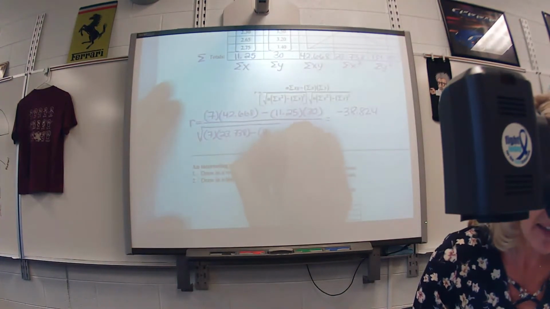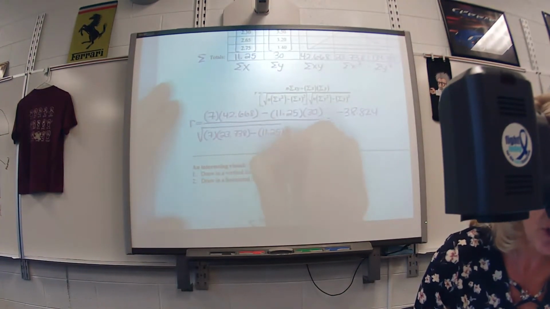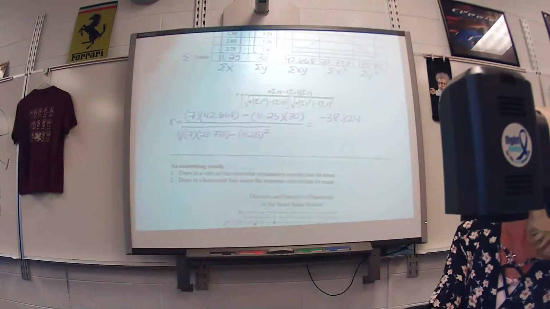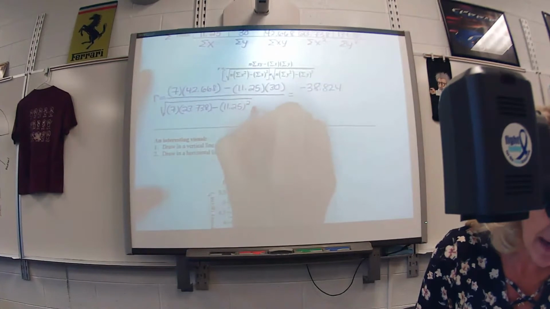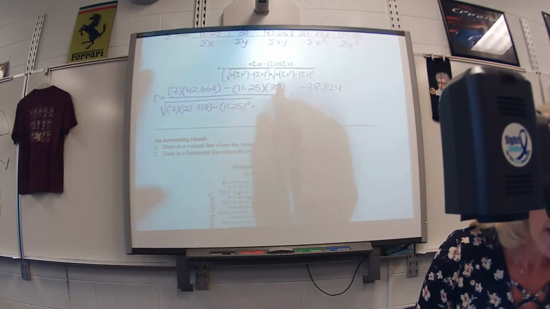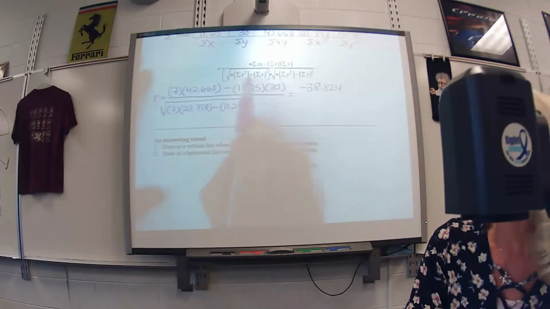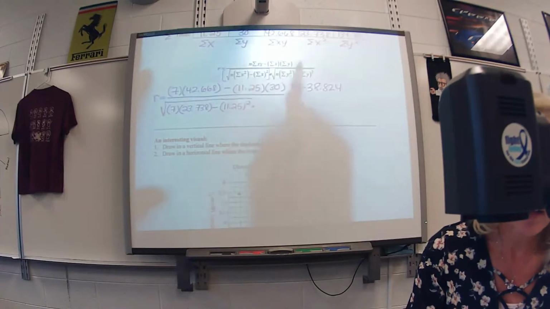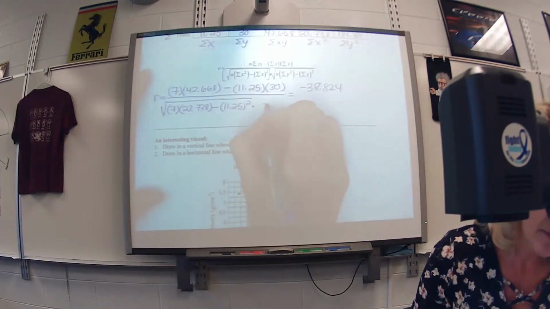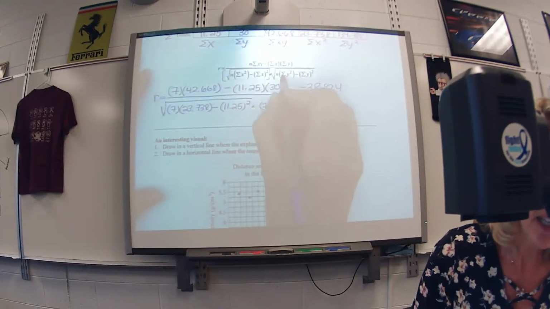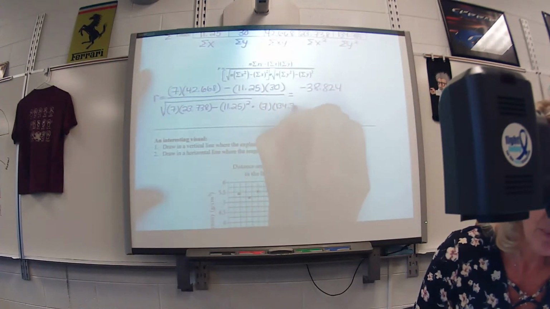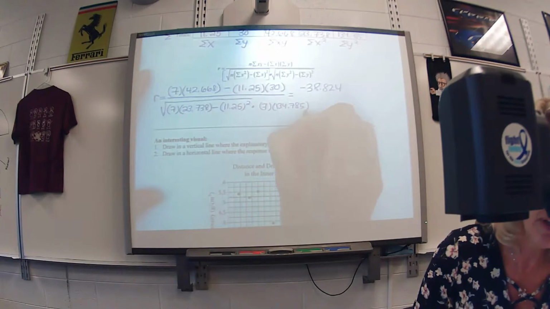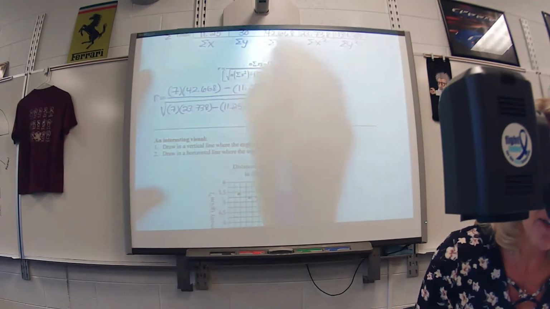So minus the 11.25 squared. And then that gets multiplied by the exact same sort of square root, but using the y's. So the n size times sigma y squared, 134.785, and then minus the sigma y squared.